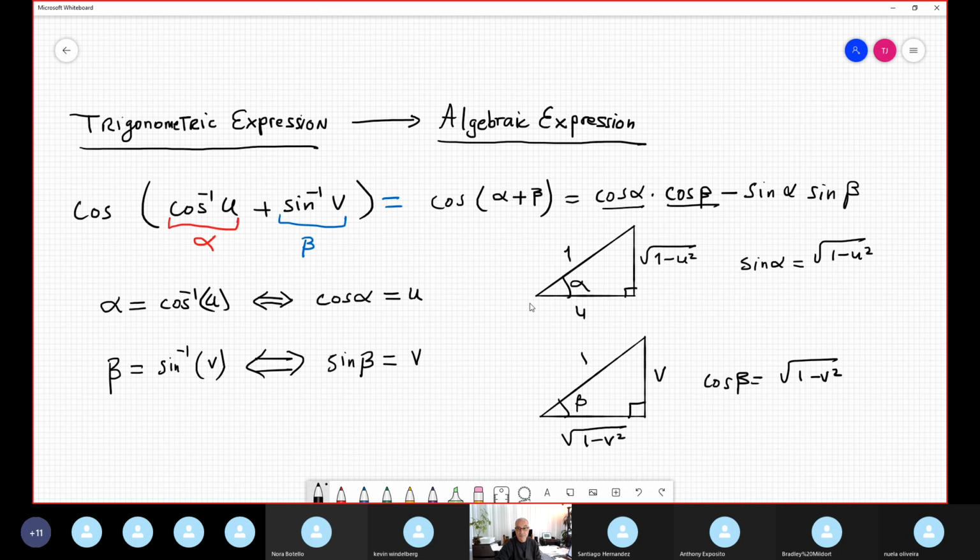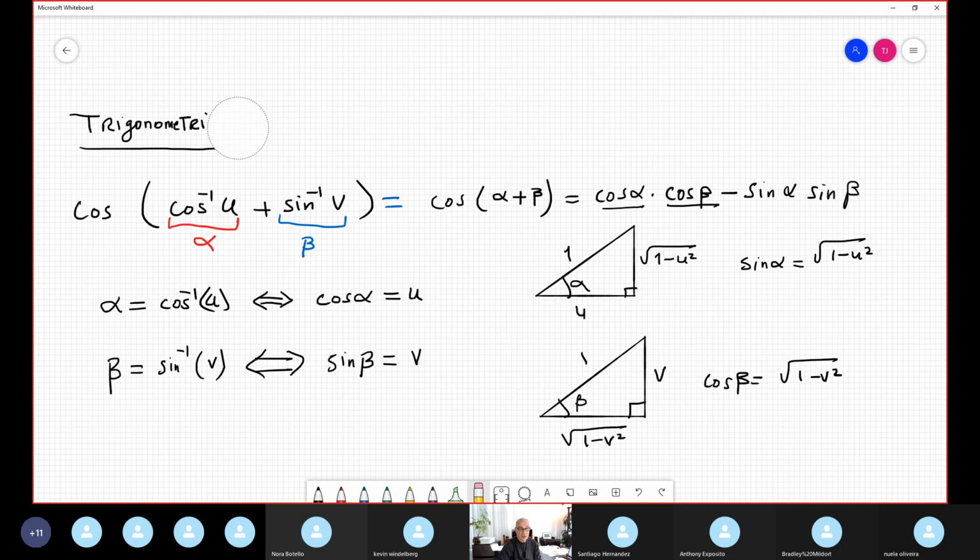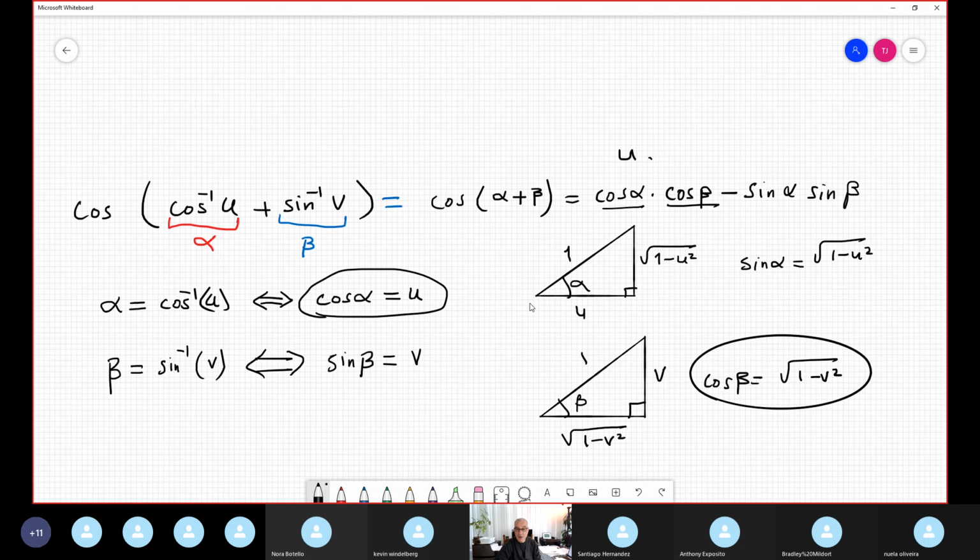I am ready. I come back. Here, our algebraic expression is equivalent to the trigonometric. This is cosine alpha is u. I replace u. Multiplication times cosine beta is square root of 1 minus b squared.